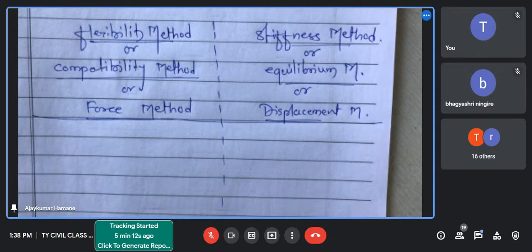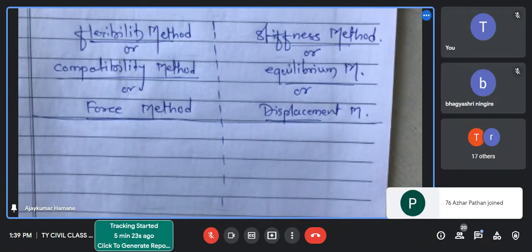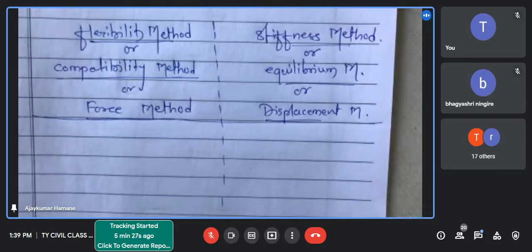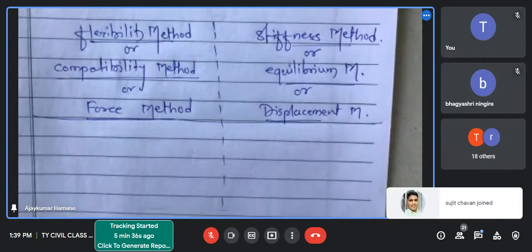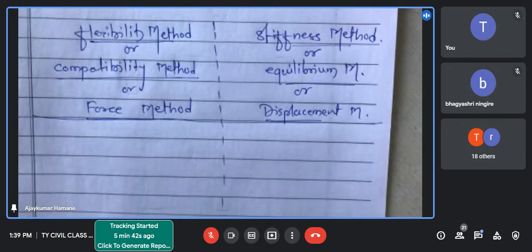Now, the force method. Always we are eager to find out the indeterminate members, because in determinate members we can find out the reactions and the forces by using the equilibrium equations. But if there are indeterminate beams, how to find out? We have seen so many methods, such as the slope deflection method, moment distribution method, Kani's method, and strain energy method.